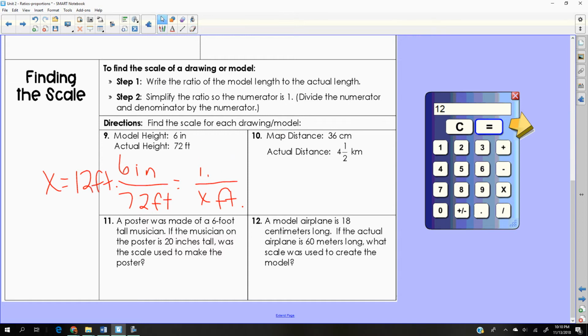All right. So the map distance is 36 centimeters, but the actual distance is 4.5 kilometers. So, of course, we're going to use 36 centimeters, and the actual is 4, and we're going to change that half fraction to a decimal, which is 0.5.